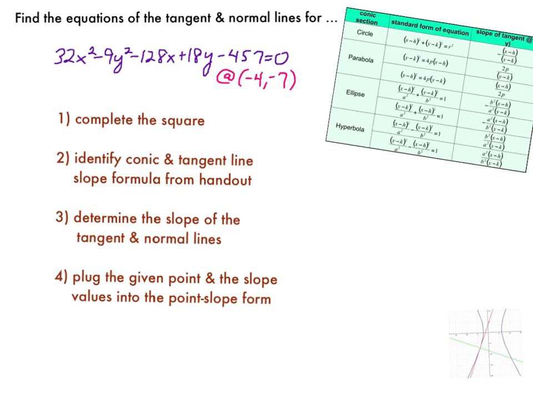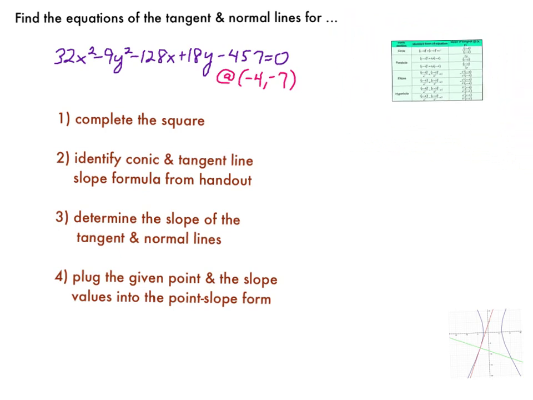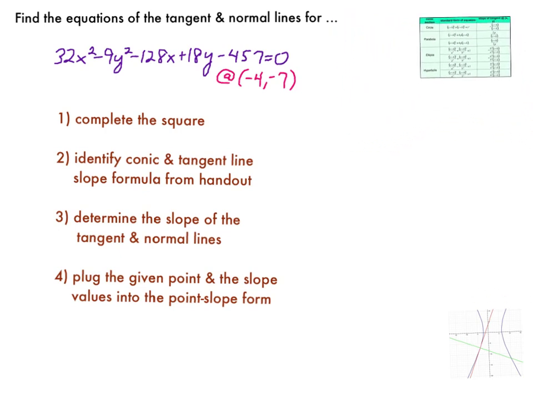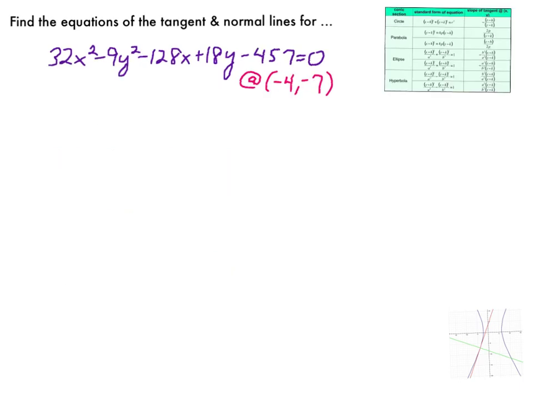This handout over here, okay? Plug in what you need to determine the slope values for the tangent and normal lines. Don't forget negative reciprocal. Then plug the given point, and right here's the given point, and these slope values into the point slope form to get your equations. Do that now, and we'll check your answers in a minute.